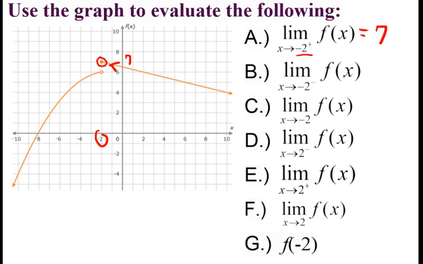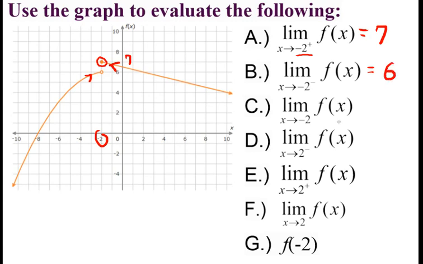That indicates coming in from the left. So if it's coming in from the left, then we need to look at numbers smaller than -2, and we get closer and closer to -2. So if we start here and we get closer and closer and closer to -2 from the left-hand side, it looks like it's approaching +6 instead.